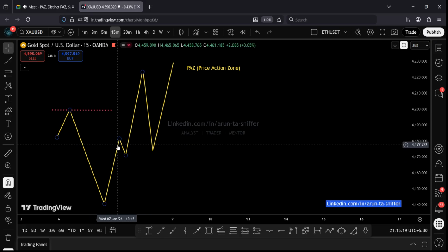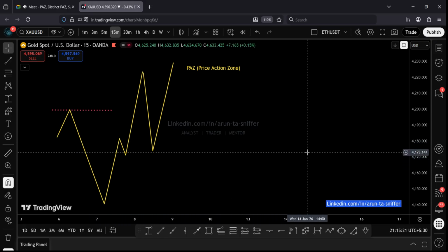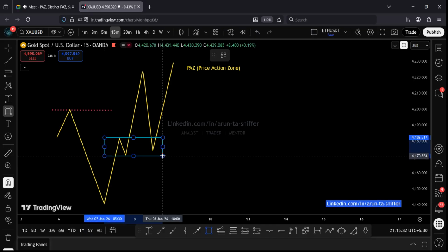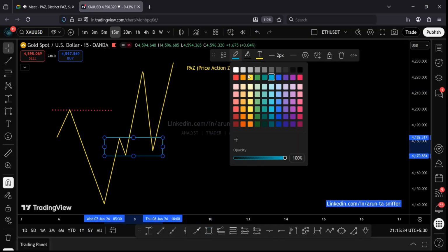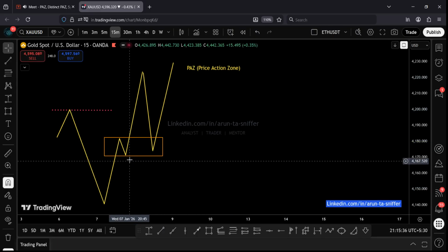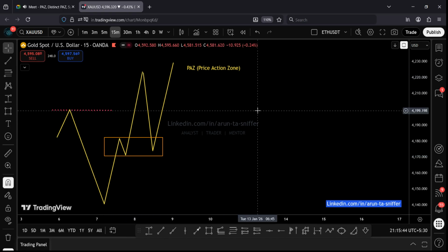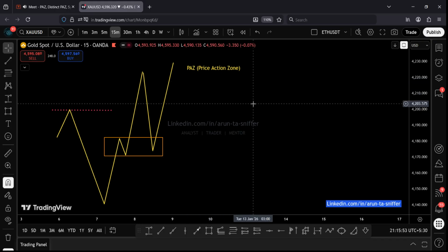So if we remember the basics of RTM, what do we call this? Rally base rally. Some guys call this a base, and this rally is called the pole, base pole. In future we will discuss the base pole flag setups, but let's discuss price action zone only.